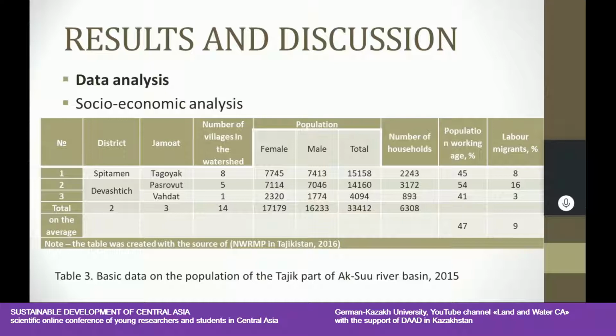So regarding socioeconomic analysis, we have found the number of females and males living in these dangerous places. Why? Because this river originates and goes through between two villages. So we should know the total population who live in this study area. So, land use and soil analysis.